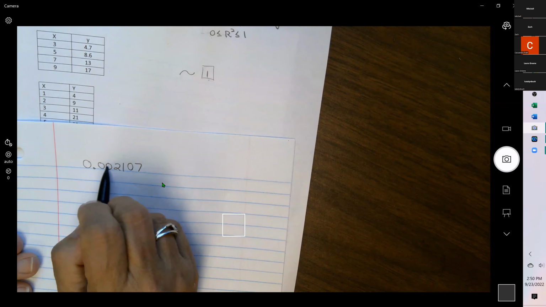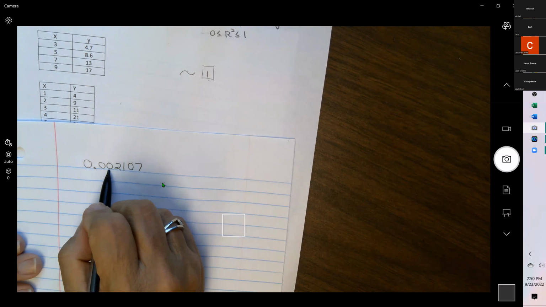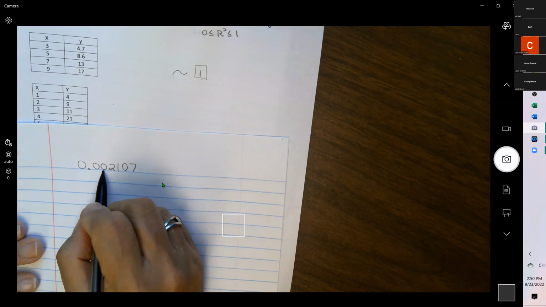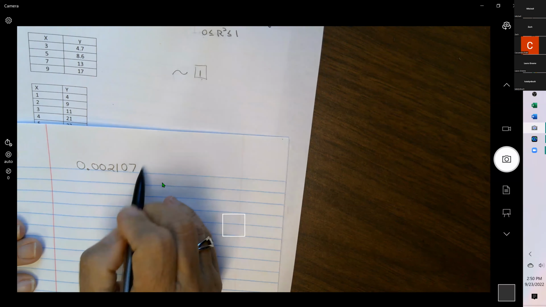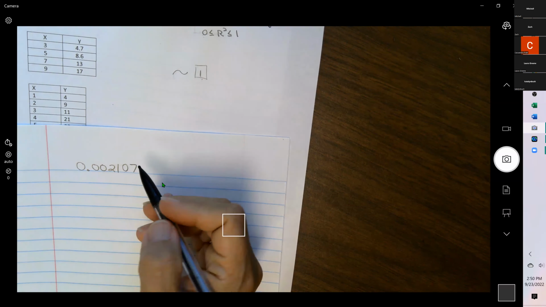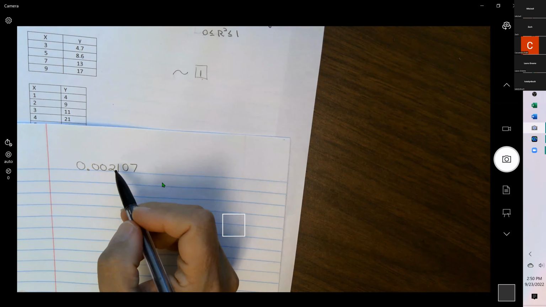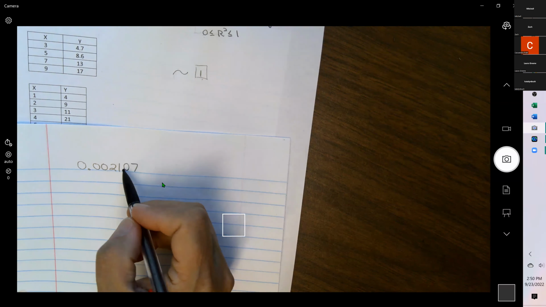I believe the zeros in the front are not significant. I want to double check that and then I'll send out an email, but that could be why you're having problems. And if it's saying to go 4 significant digits, not 4 decimal places. And I think that's what that said. Double check.